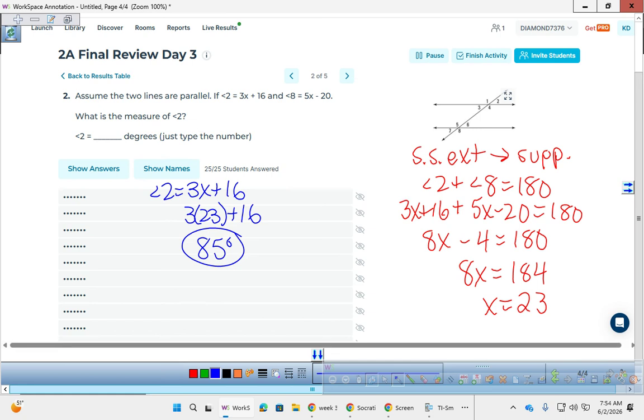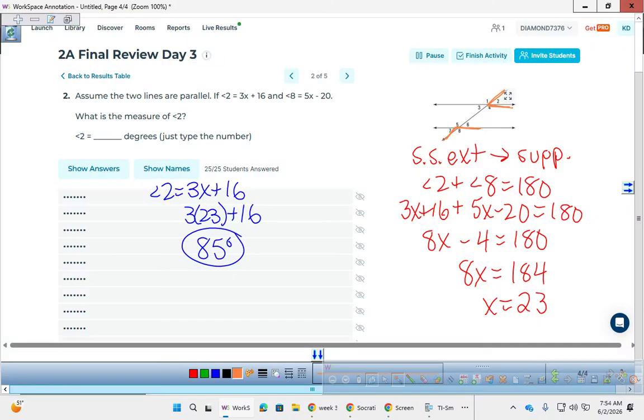The other thing we talked about yesterday is, if that's confusing you, think about angle 2 itself. Angle 2 is a really little angle. It's definitely less than 90 degrees. Would you agree? If I were to take a protractor to that, it's definitely less than 90 degrees. Whereas when I look at angle 8, that's a very big angle.